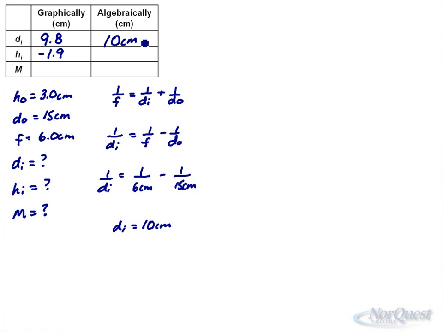We were pretty close. We had 9.8. Find the height using the magnification formula. HI over HO equals negative DI over DO. We're going to manipulate for the height of the image. It's negative DI HO over DO. Same formulas that we used back with mirrors. Just got to watch our signs.